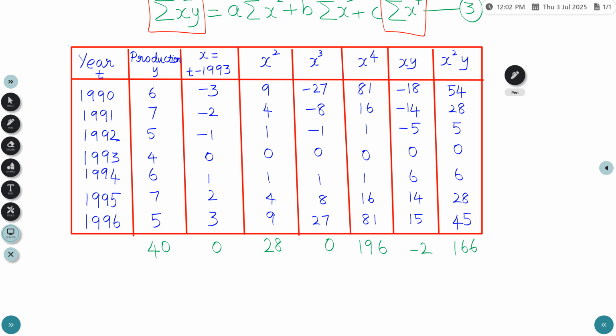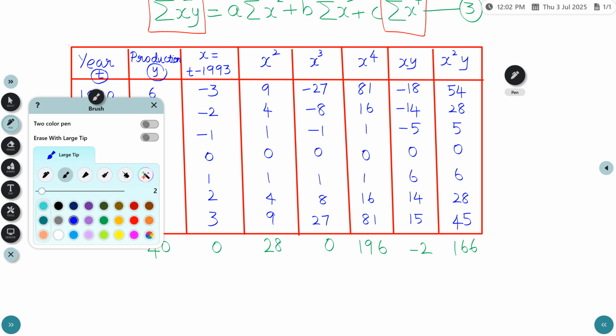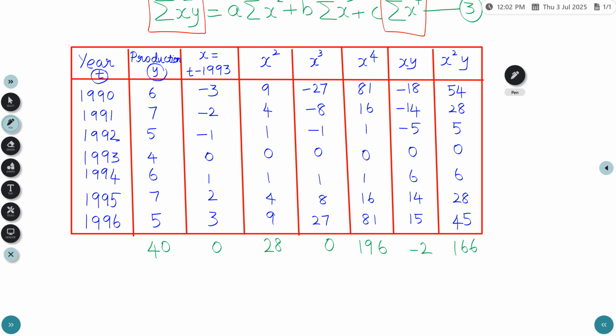So here the table is the given data. Here year is considered as t, and then production given is considered as y.